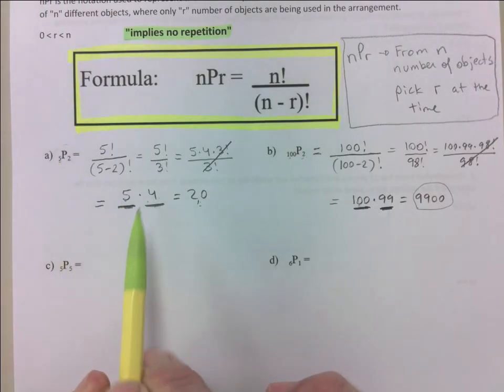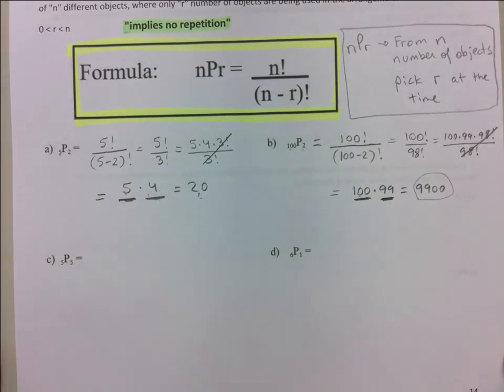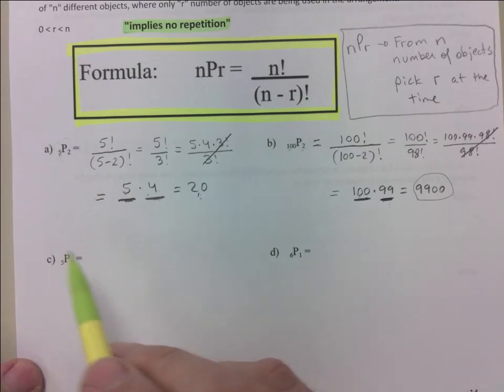Okay. Can you say that one more time? Right. How many times could you take those 5 objects and form it into 2? Yes. Okay. Another one here.